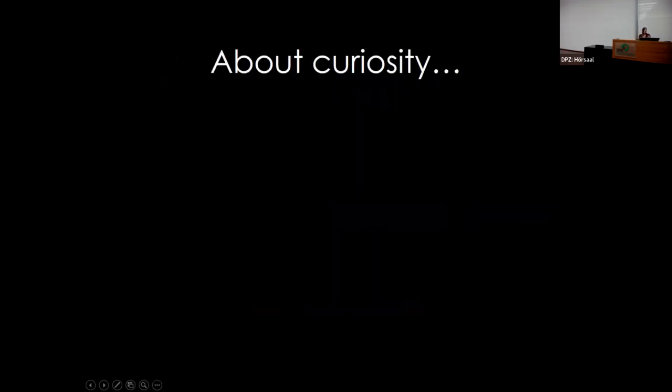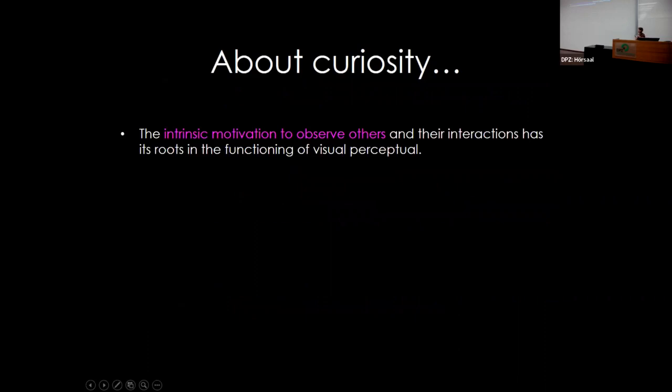If I have one more minute, because I was invited here and there's really nothing about curiosity in my talk, I was trying to ask how this can be relevant for the enterprise that we are taking here. So one aspect of curiosity is the intrinsic motivation to observe others and their interaction.